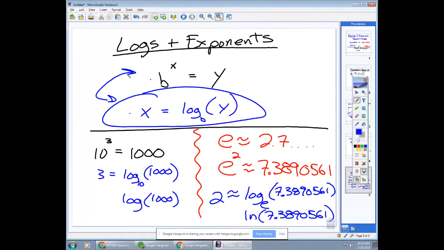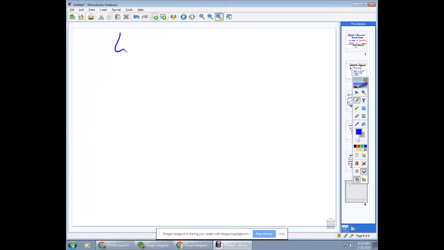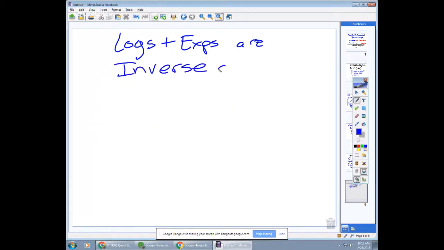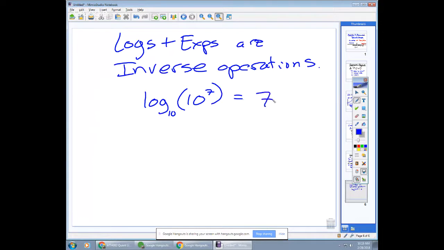Some other things about logarithms is that a log and an exponent are opposites of each other. So logs and exponents are what we call inverse operations. So that means they cancel each other out when I apply them at the same time. For example, if I take log base 10 of 10 to the power 7, log base 10 and exponent base 10 cancel, and only the 7 remains.